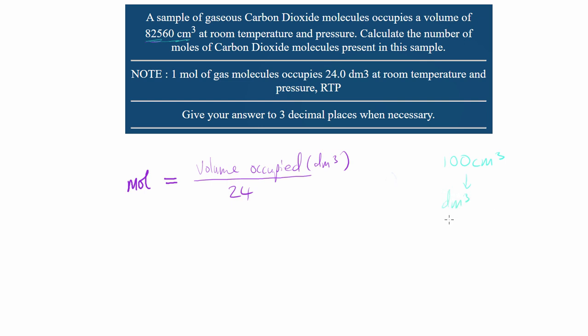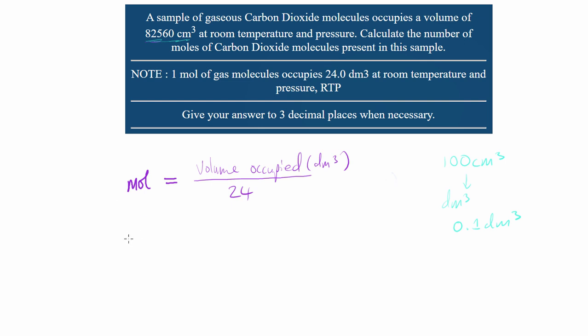So what would we need to do with 100? We would have to divide it by 1,000, right? And then it would be 0.1 decimeters cubed, right? So similarly here, if we want to insert a centimeters cubed value here, we would have to divide it by 1,000. And so if we actually do that, what do we get?